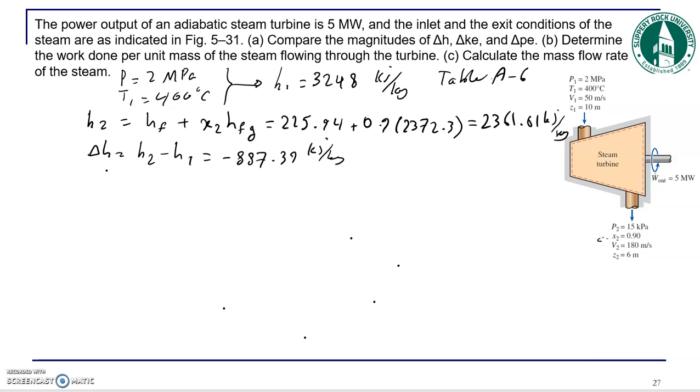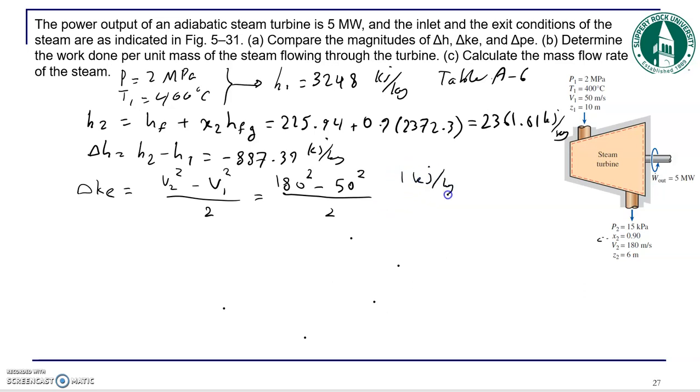The second part of this problem, still in part A, is to calculate the delta KE. Pretty straightforward. This is velocity at the exit minus velocity at the inlet, squared, divided by 2, so 180 meter per second squared minus 50 meter per second squared divided by 2, and converting meter squared per second squared to kilojoule per kilogram is basically dividing by 1000.